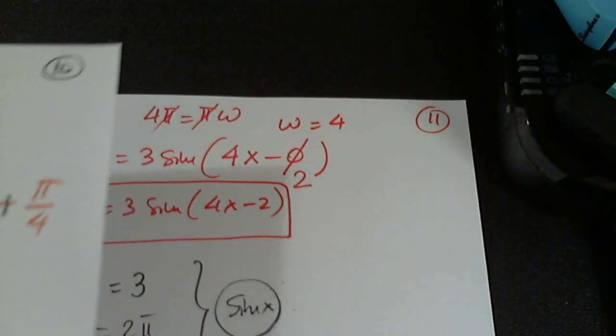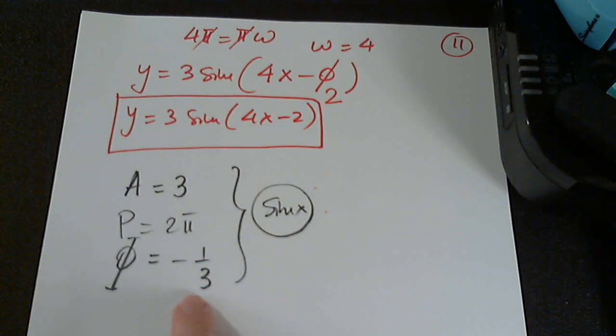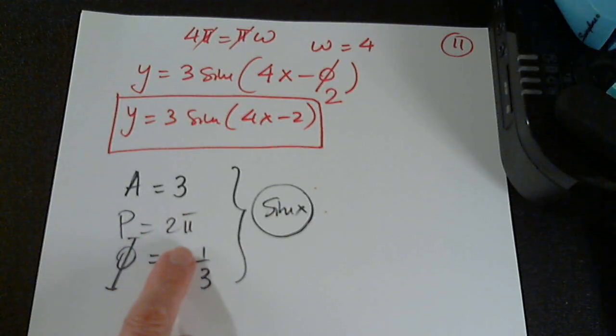Can you show the original problem, as in the problem you want us to do? Yes. So the amplitude is 3, the period is 2 pi, and phi is -1/3. Is that okay? Yes.